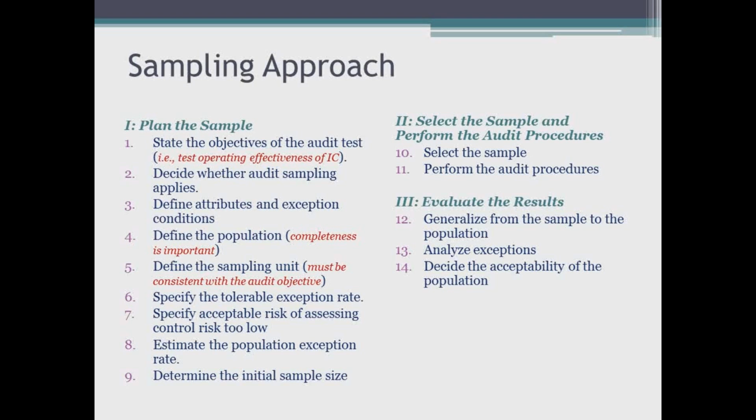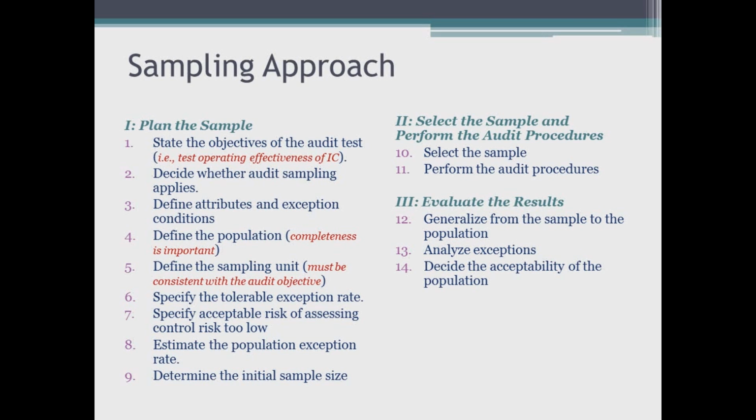You want to make sure that the sales journal has been reconciled to the general ledger, right? So those are not audit procedures that lend themselves to sampling. That's why it's important to decide that not all of your audit procedures are going to lend themselves to sampling. So you have to be able to identify which of those audit procedures you can use audit sampling for.